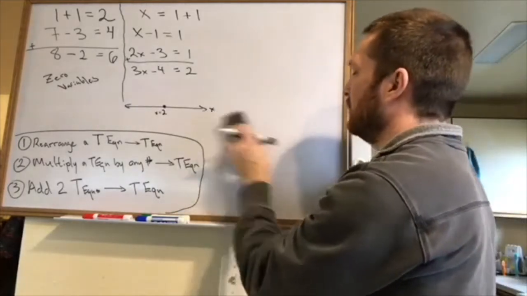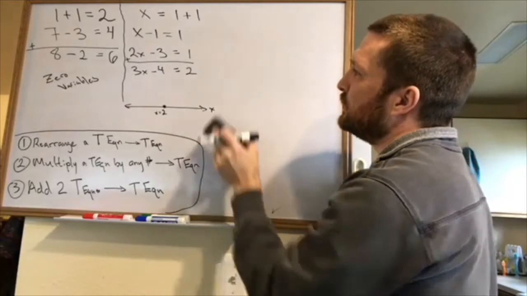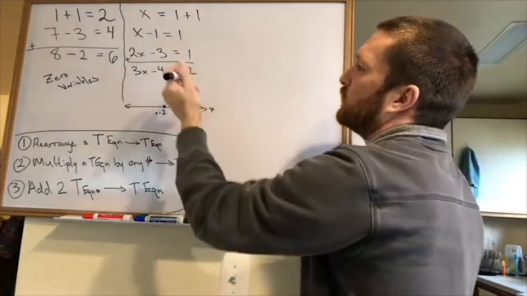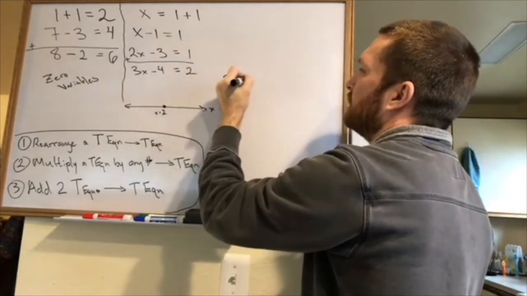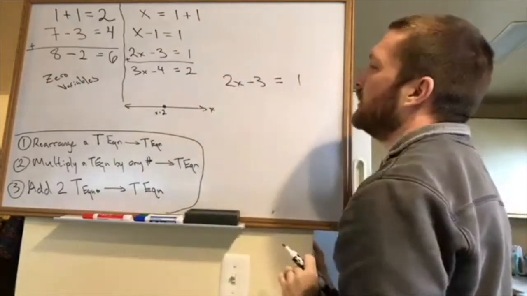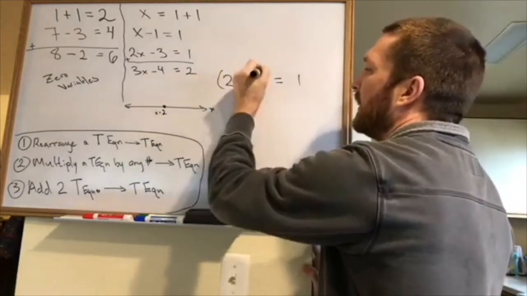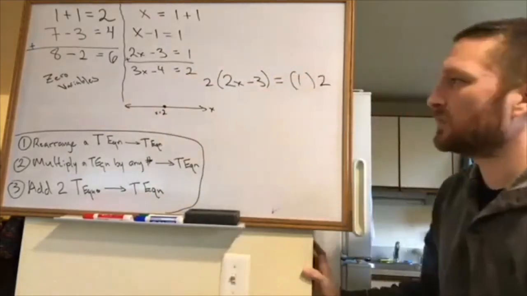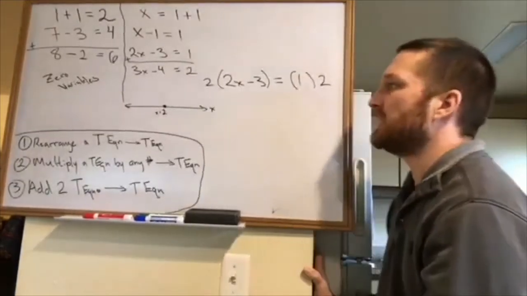Real quick. Let's just do this one. We have 2x minus 3 equals 1. And I'm going to multiply this equation by, I don't know, how about 2? Okay, so I multiply the entire equation by 2. In other words, I multiply both sides by 2.